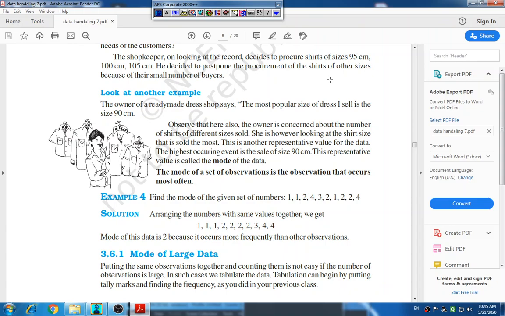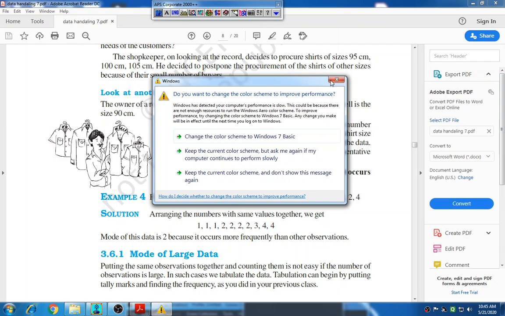This observation is the one that occurs most frequently, and that observation is known as the mode.